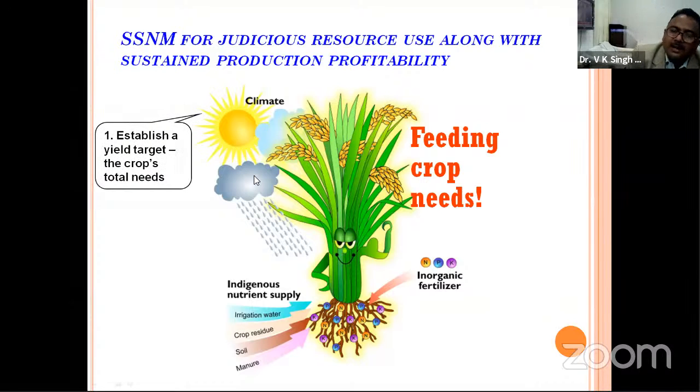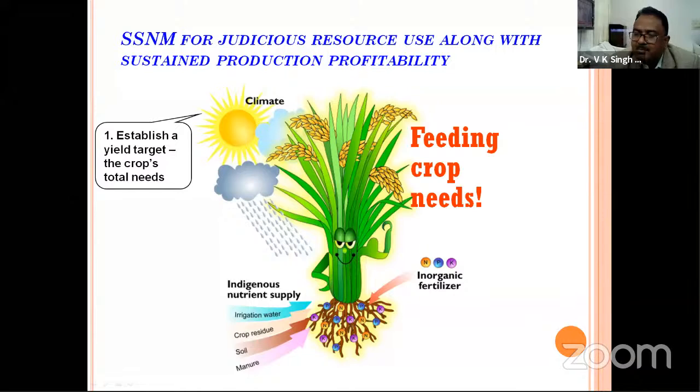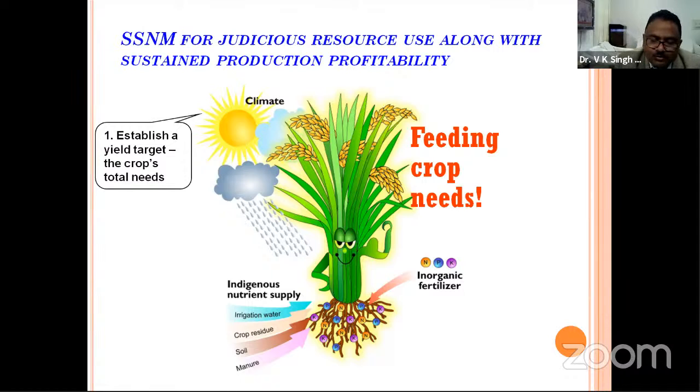For example, I told you to go to a farmer's field and establish the SSNM approach there. How will you do it? Go to a village and see what is the potential yield, the attainable yield of that village. You will find a farmer might be getting 4-5 ton yield, another is getting 7 ton yield, another 8 ton yield.